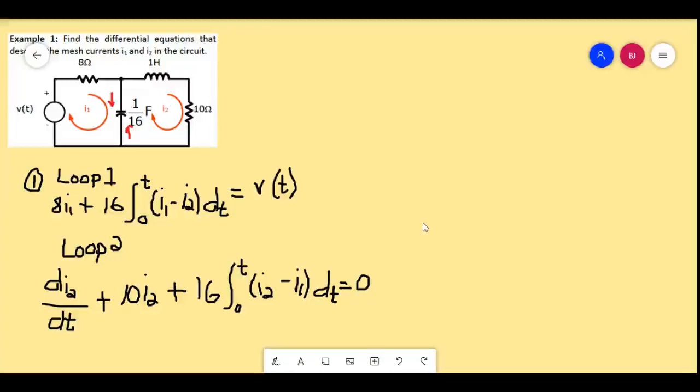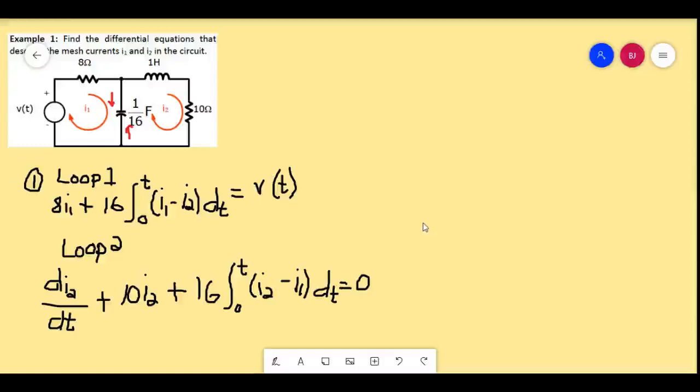So we're done with our first step, in which we represented the mesh loops into their appropriate KVL equivalent, together with representation of each component into its derivative or voltage equivalent. For the second step, we remove any instance of integrals, as we want this to be a differential equation.